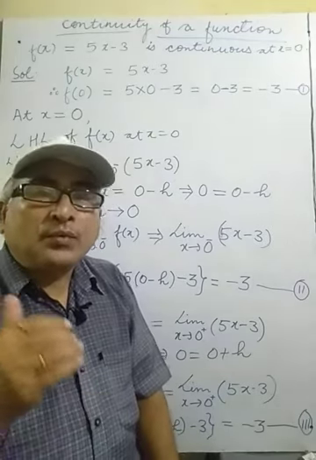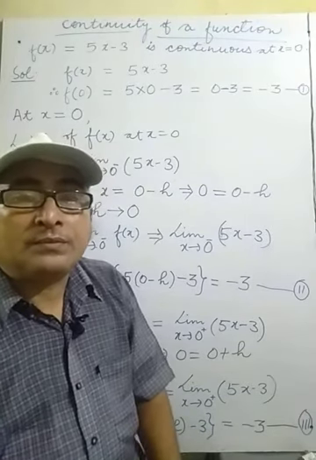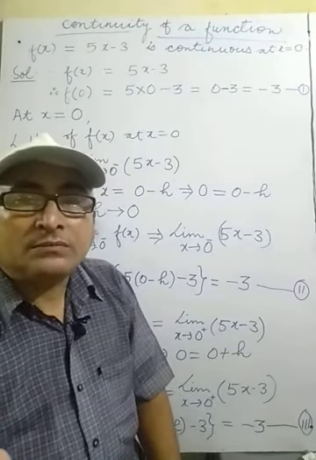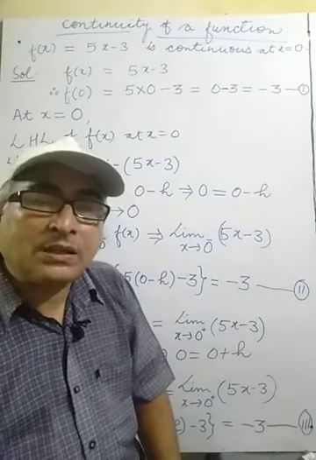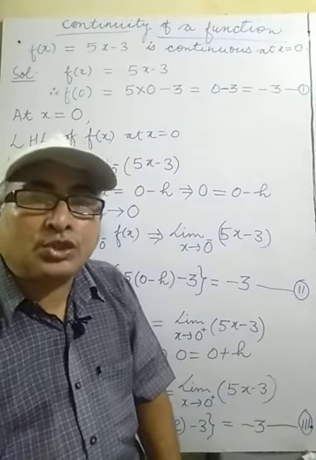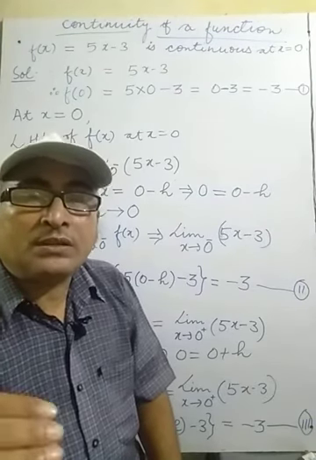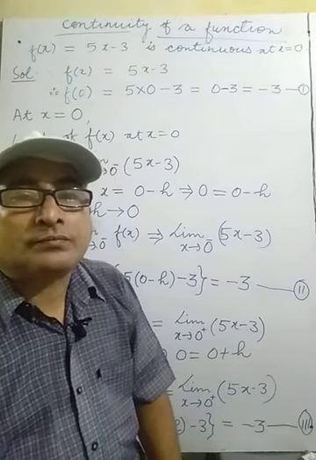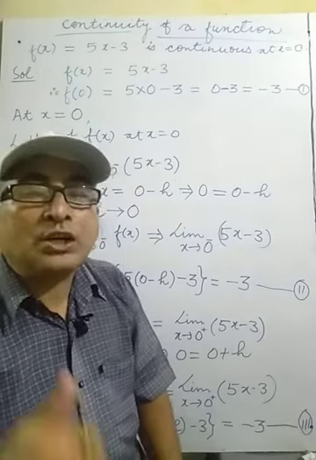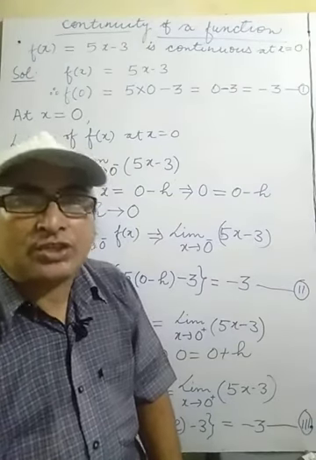Similarly we have to find the value of the function for the right hand limit. What is the right hand limit? If x tends to 0, in the place of x we take 0 plus h. If x tends to 1, then 1 plus h.